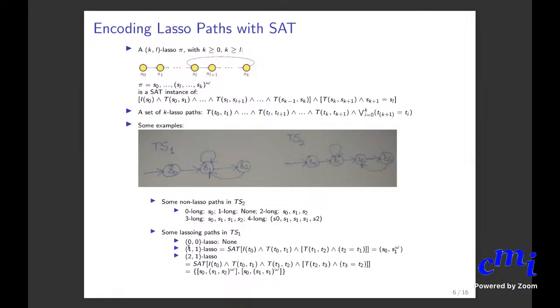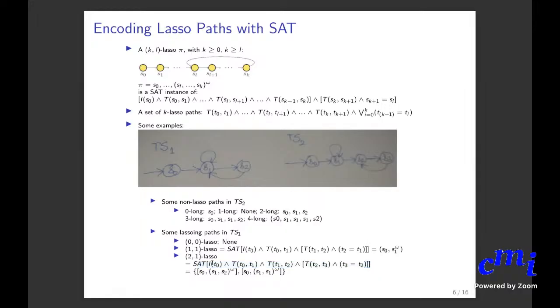So this is a 1 lasso because you go from S0 to S1 and then the successor of S1 lassos back. Similarly, the set of all 2 lassos in the transition system TS1 are represented by these two omega regular expressions, S0 followed by S1, S2 omega, and S0 followed by S1, S1 omega, which are characterized by the set of all satisfying instances of this formula.